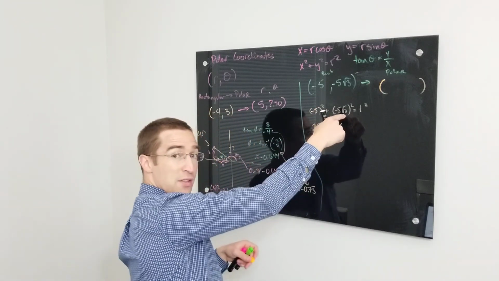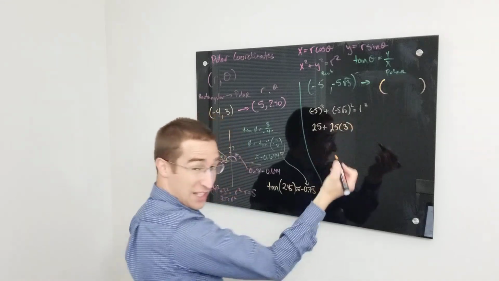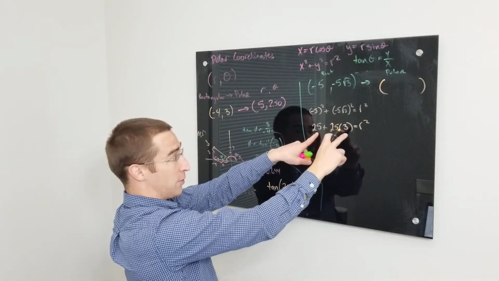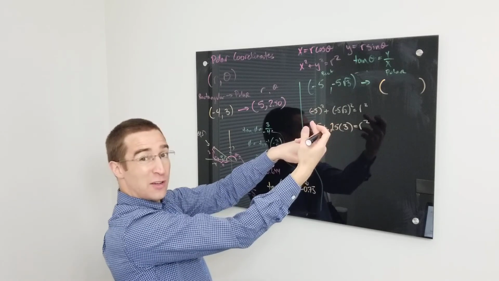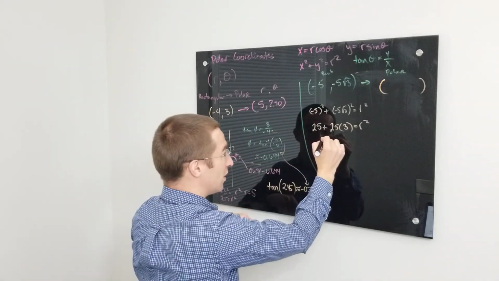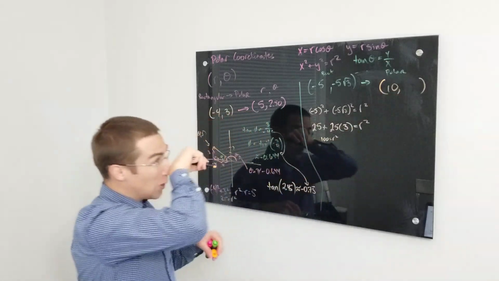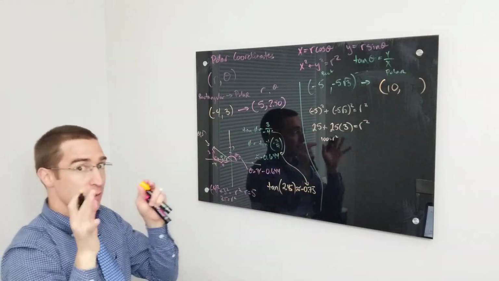Squaring the square root of 3 gives me 3, and 3 times 25 is 75. So 25 plus 75 is 100. 100 equals r squared, so r equals 10. Cool, we got our radius, we got our r.